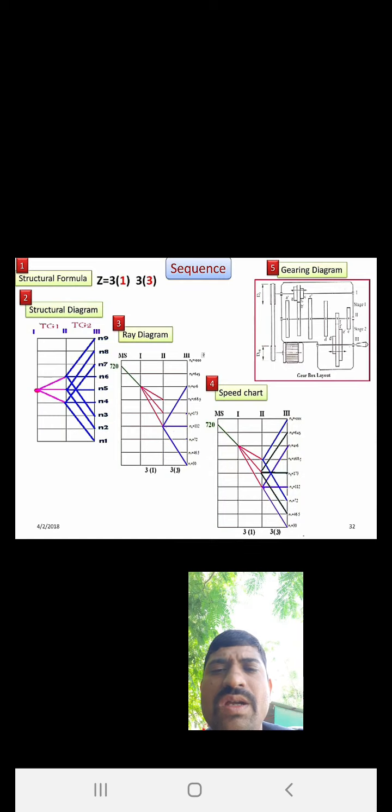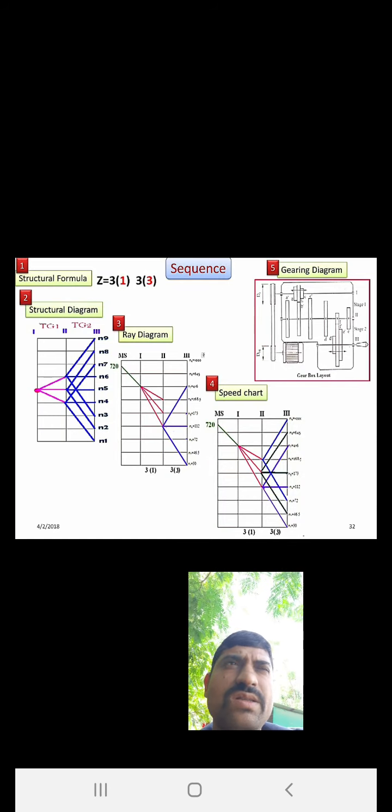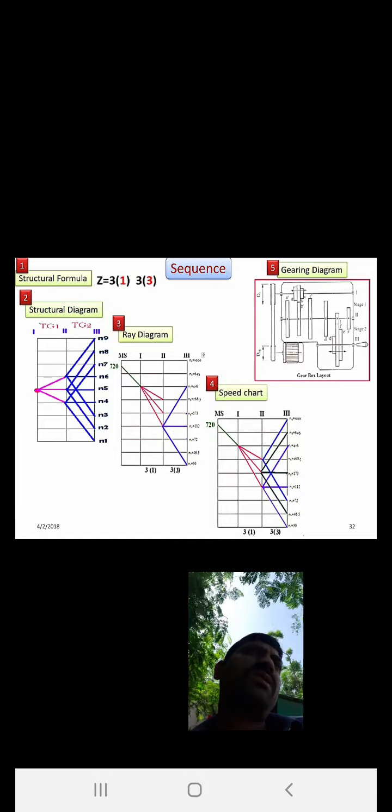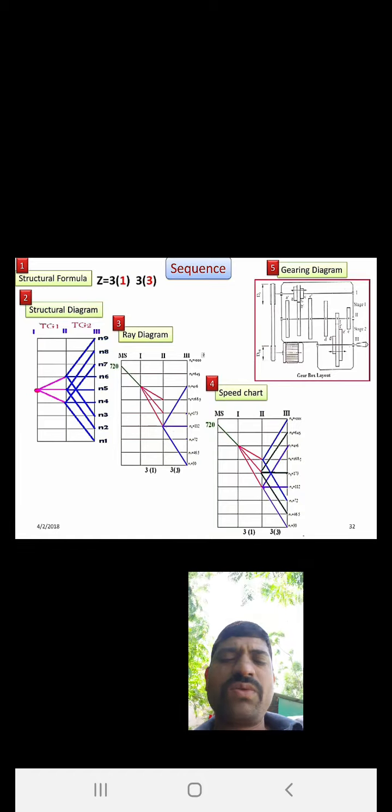Means Z is equal to P1 into P2 only. Then what is the value of P1 and P2? 3 into 3, 9. You will get the total number of speed steps equal to 9.